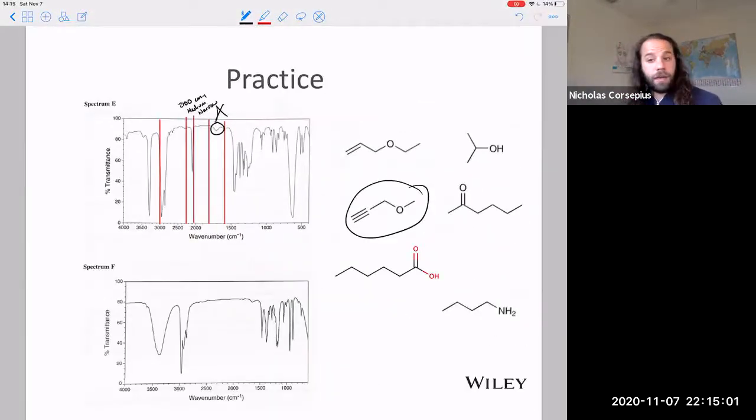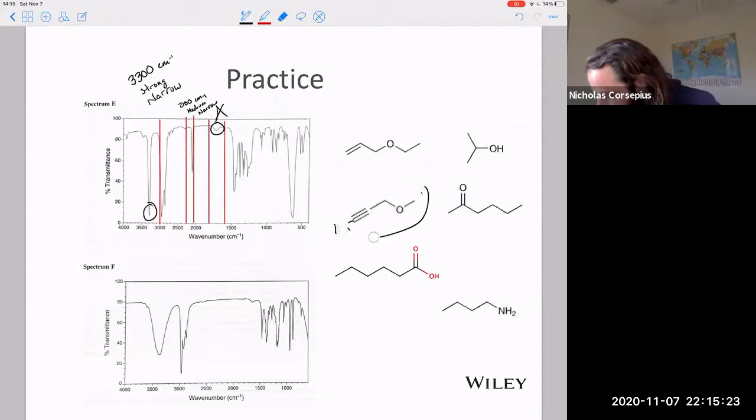And then I can check because I should get this signature sp3 carbon-hydrogen bond. And that's indeed what I see right here. All right, so this is going to be around 3300. It's quite strong and quite narrow. Okay, so this is E.